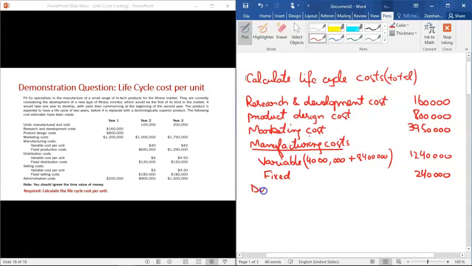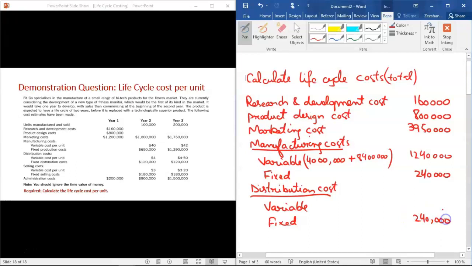Likewise, we have distribution cost. Again, we have variable and fixed both. Again, fixed is simple. We'll be adding the two costs together. Okay, I guess I made some mistake. This is 120, 120 for the distribution cost, so that makes it 240.